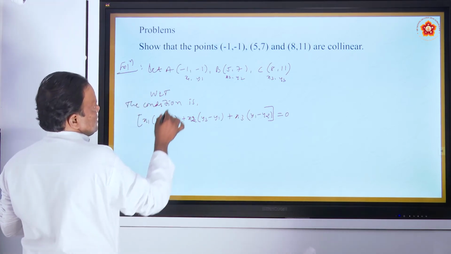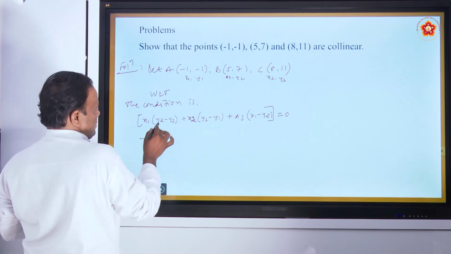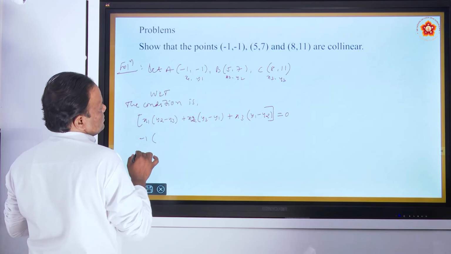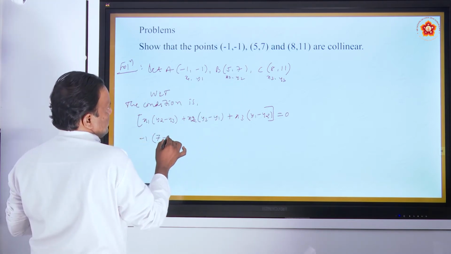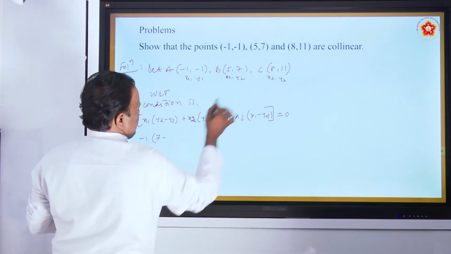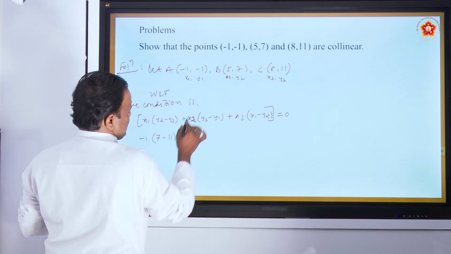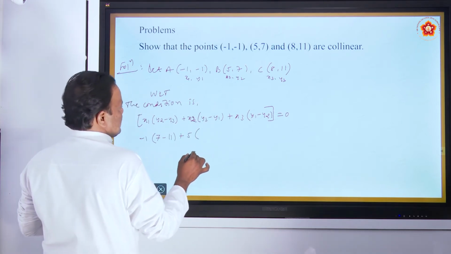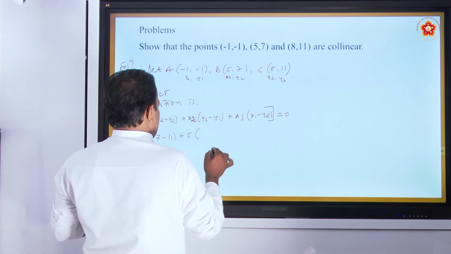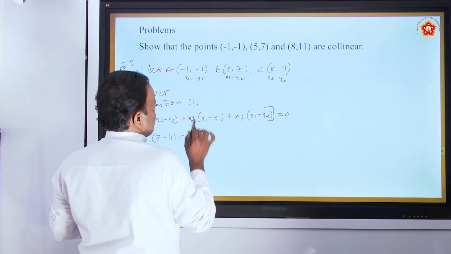So x1, what is x1 here? x1 is minus 1, and y2 minus y3. What is y2? y2 is 7, minus y3. What is y3 here? 11. Plus x2, which is 5, times (y3 minus y1), where y3 is 11, correct?